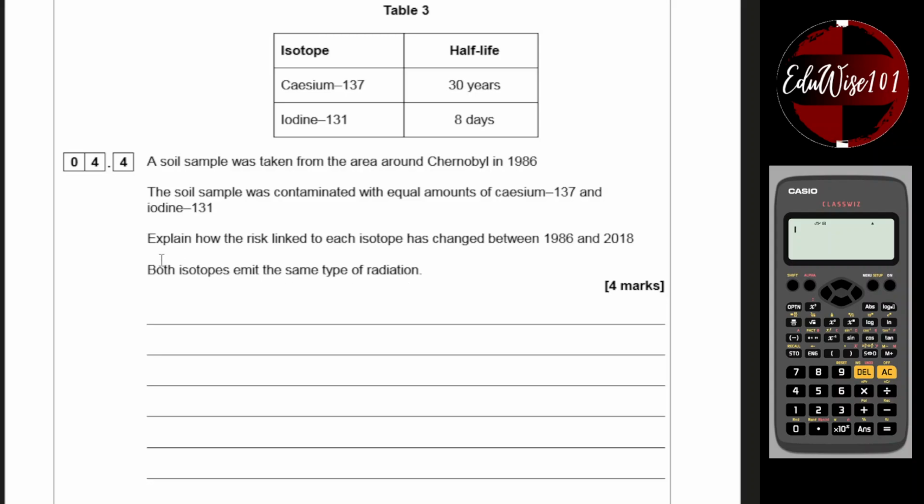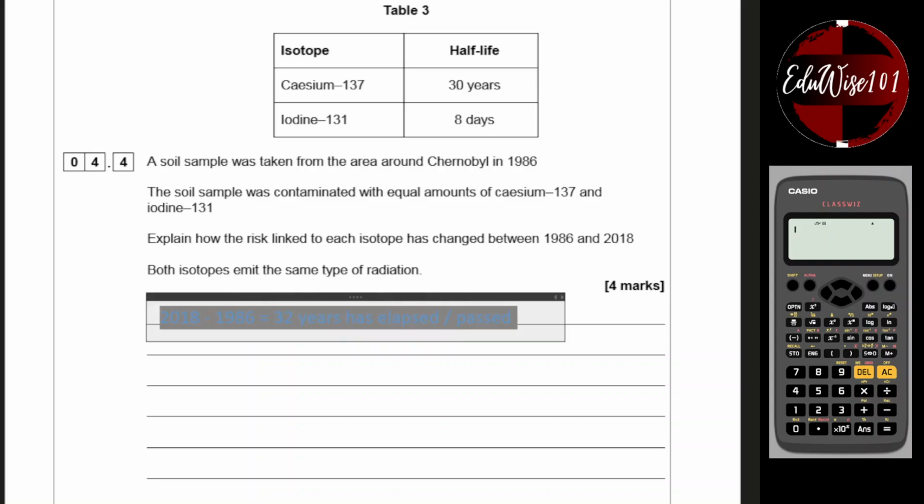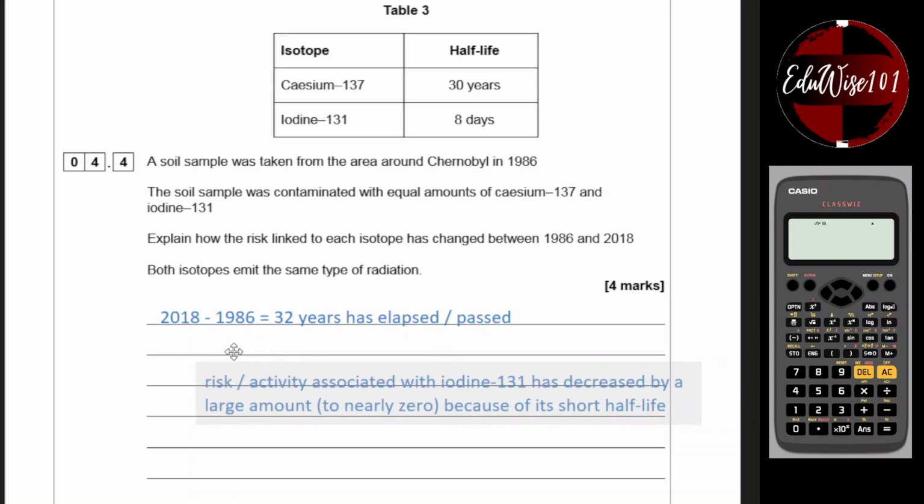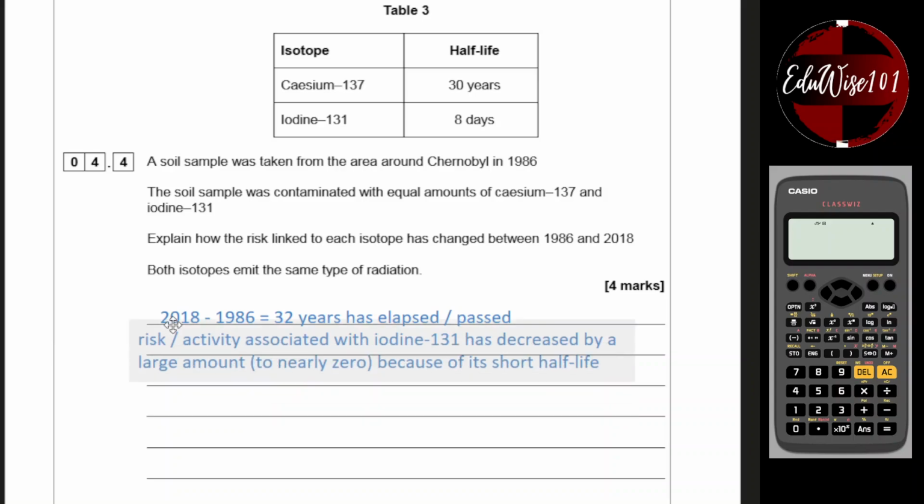What they're asking is to explain how the risk linked to each isotope has changed between 1986 and 2018. If we work out the difference, 32 years has elapsed.